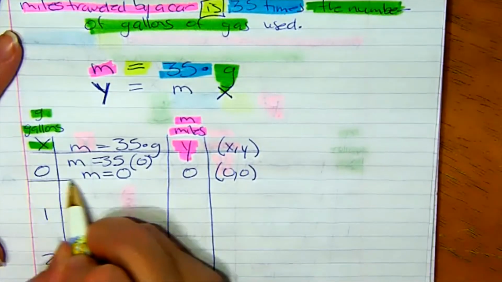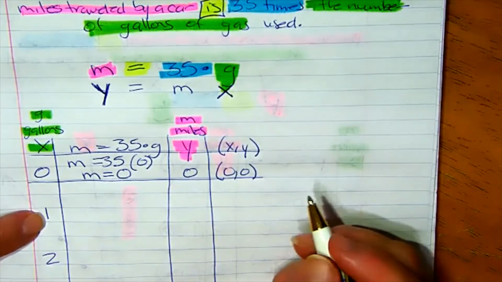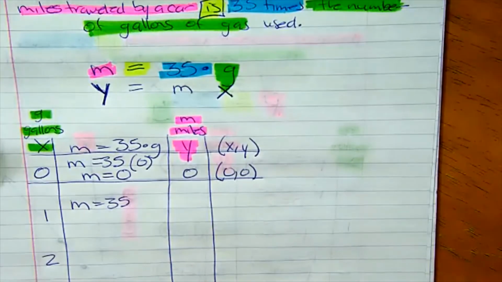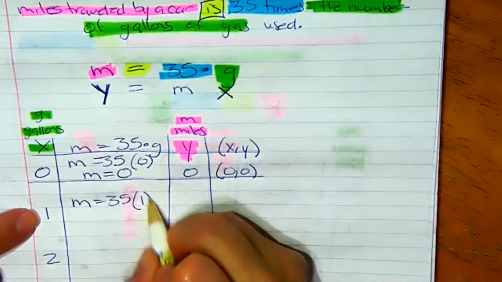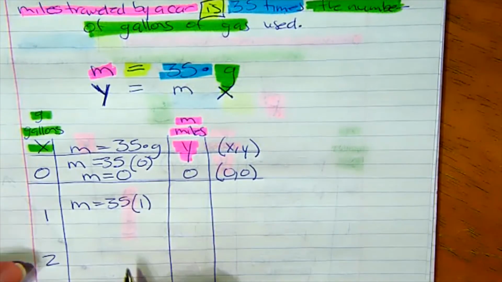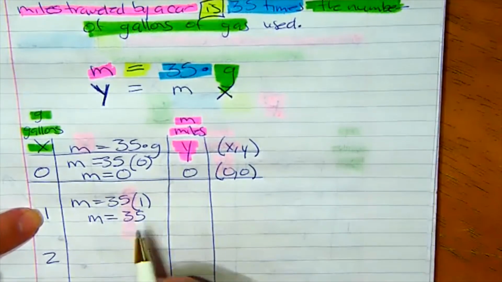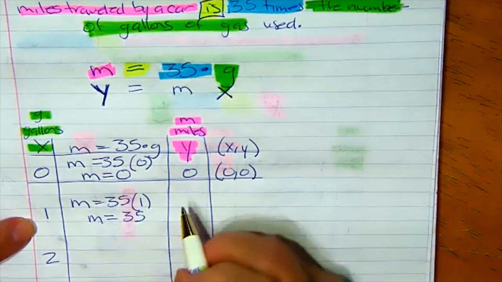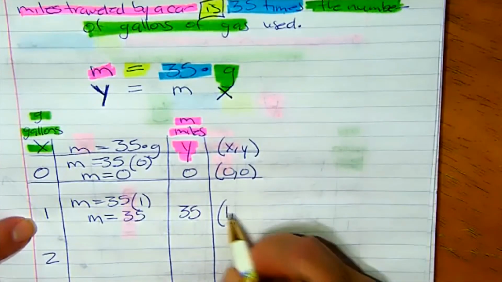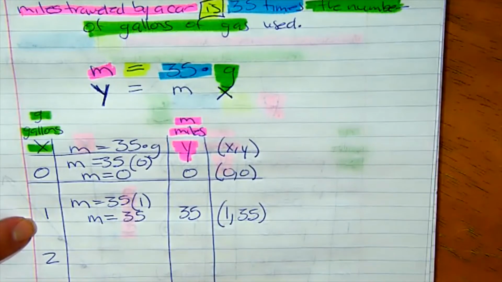So let's do 1 gallon. What happens when we have 1 gallon of gas? So we are going to put in 1 gallon of gas. If we put 1 gallon of gas in, we get 35 miles out.